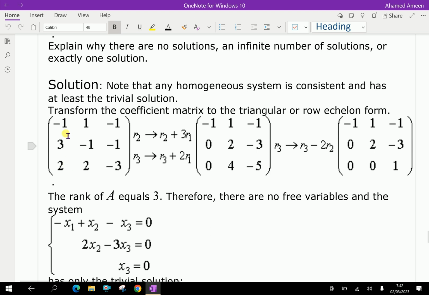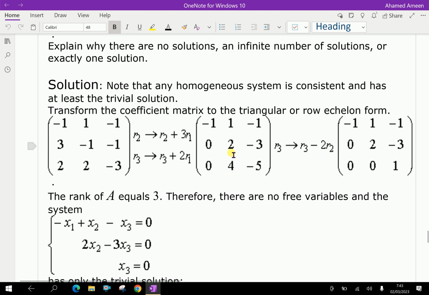Here 2 minus 2 into 1 is 0, then 2 plus 2 into 2 is 4, then 3 minus... 2R1, that is 2 into minus 1 is minus 2, so minus 3 plus minus 2 is minus 5. Next, this should become 0. How to get it? Look here: R3 minus 2R2.